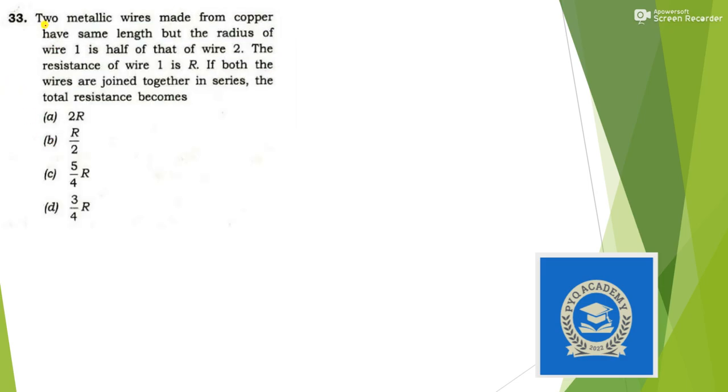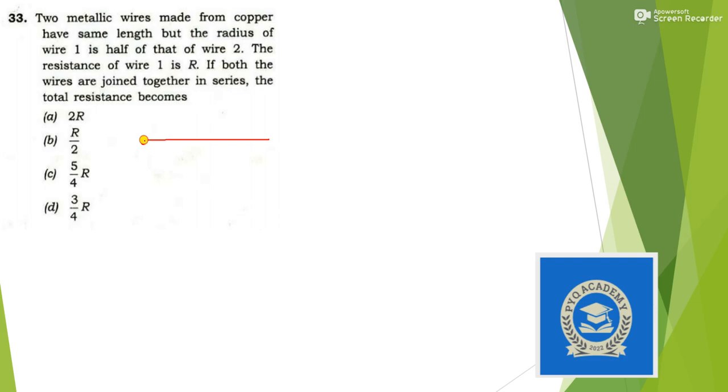Now, two metallic wires made from copper have the same length, but the radius of wire 1 is half of that of wire 2. The resistance of wire 1 is R. If both the wires are joined together in series, then find the total resistance. Okay, let's take two wires.